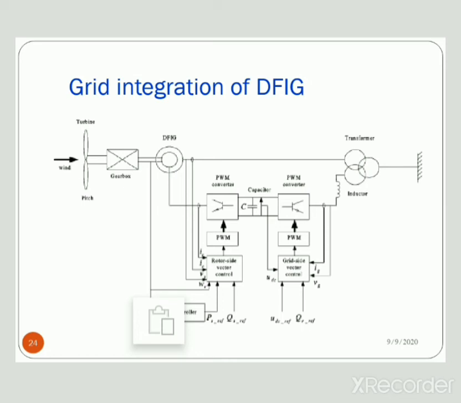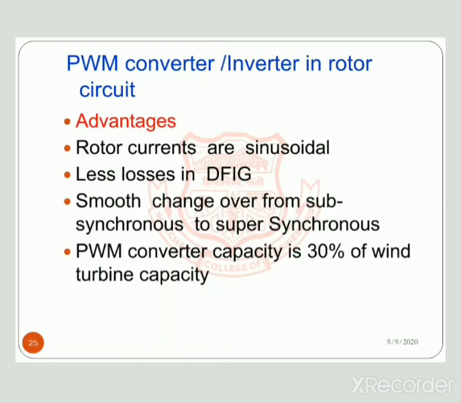From these two ways the controlling system is attached. Then after that it is fed to the PWM, then to the converter, and finally it goes to the transformer, this electrical energy. PWM converter and inverter in the rotor circuit have advantages: rotor currents are sinusoidal.